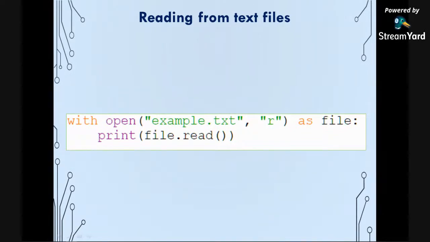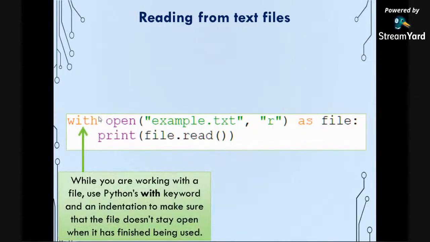I don't quite understand. So while you are working with a file, you use Python's with keyword, and you've got your colon and indentation like you do with an if statement, or with a for loop or that kind of thing. And this makes sure that the file doesn't stay open when it is finished being used.